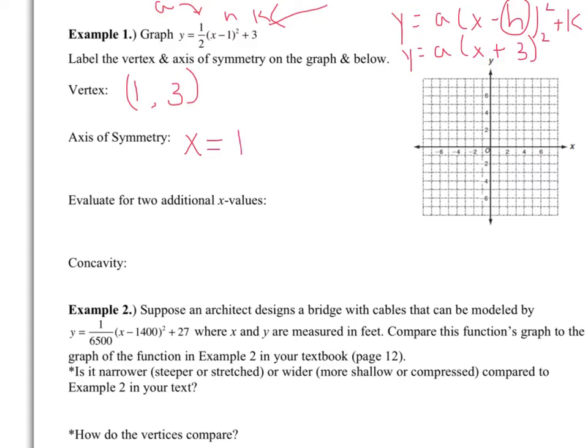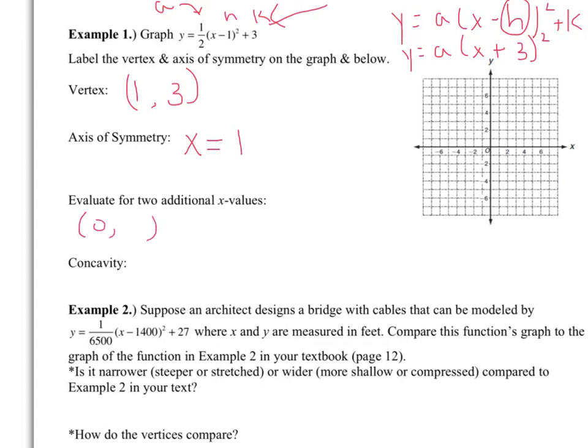And then find two additional values. Usually a good one to find is 0, and in this case I know I'm going to have to multiply by a half, so I'm going to try to find something that I can take half of pretty easily. So let's first do 0.